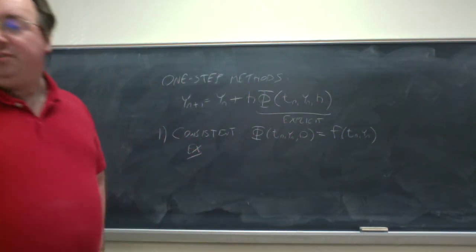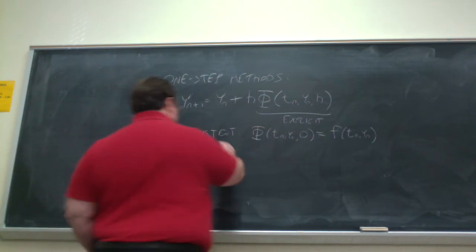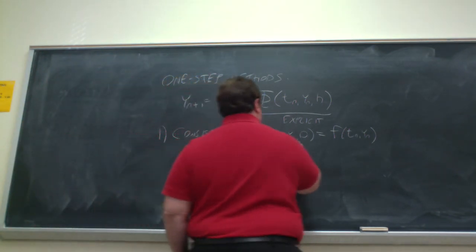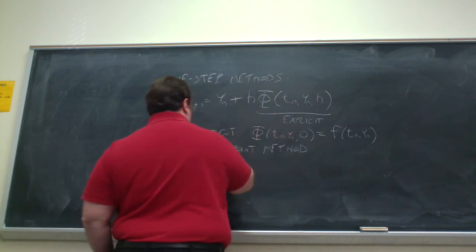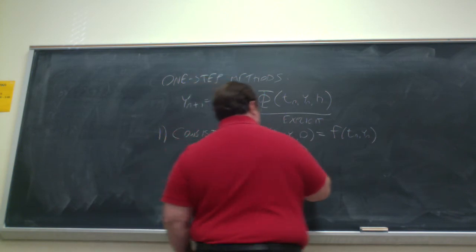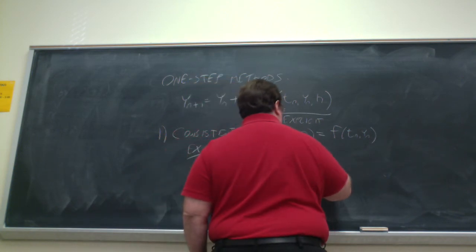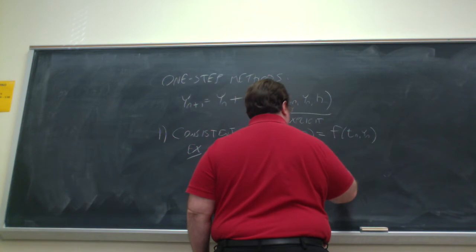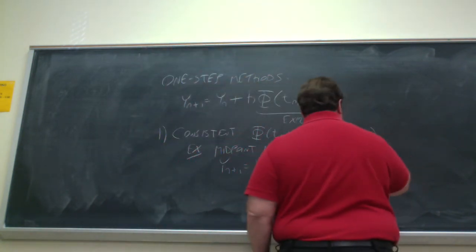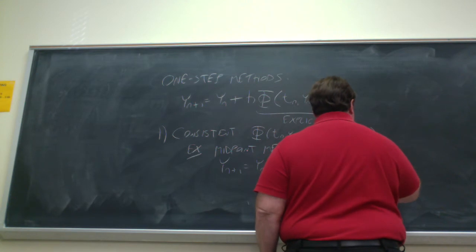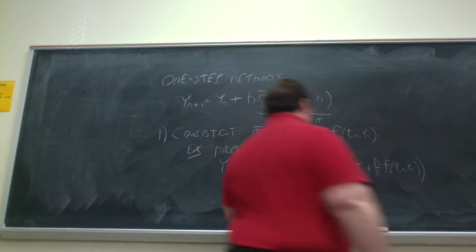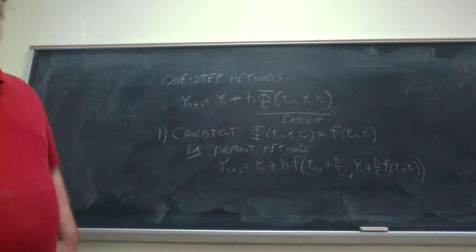The example I'll use is the midpoint method. That is yn plus 1 is equal to yn plus h f of tn plus h over 2, yn plus h over 2 f of tn, yn.